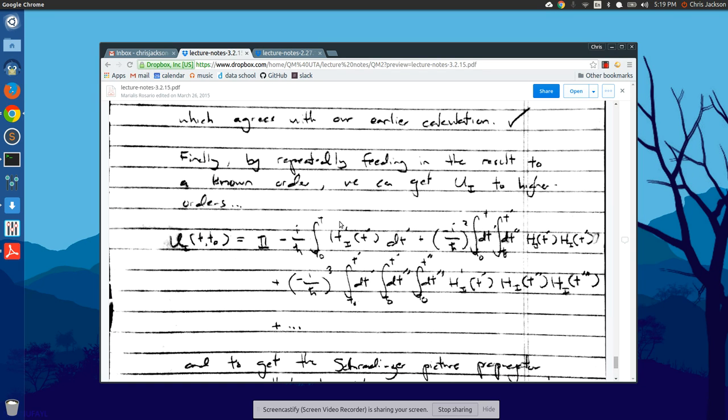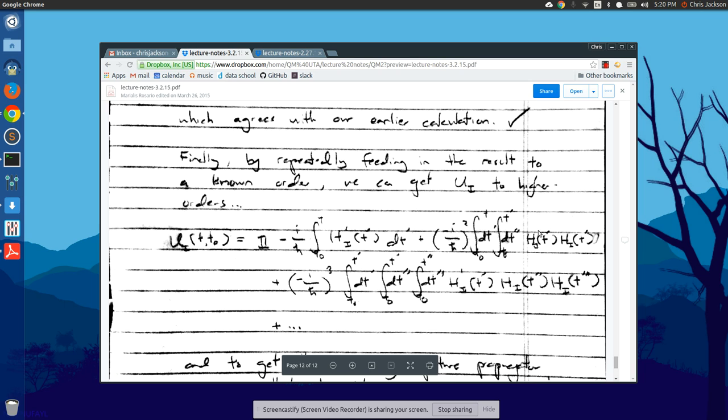So in the end, the interaction picture time evolution operator looks like a perturbative series, but a perturbative integral series. You have the zeroth order term, and here's the first order term that we just computed. Then you would feed the first order term back into your general expression to get the second order term, right?